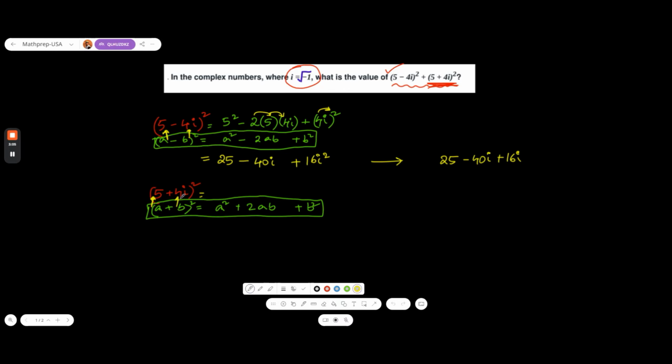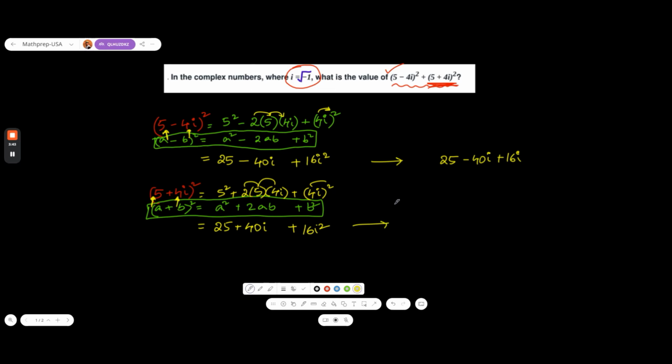In the place of b, it is 4i. So a square means 5 square, plus 2 times a value is 5, then b value is 4i, plus b square, right? So 5 square, 5 times 5, gives us 25, plus 2 times 5, 10, 10 times 4, gives us 40i, plus 4 times 4 times 4, that is 16i square.